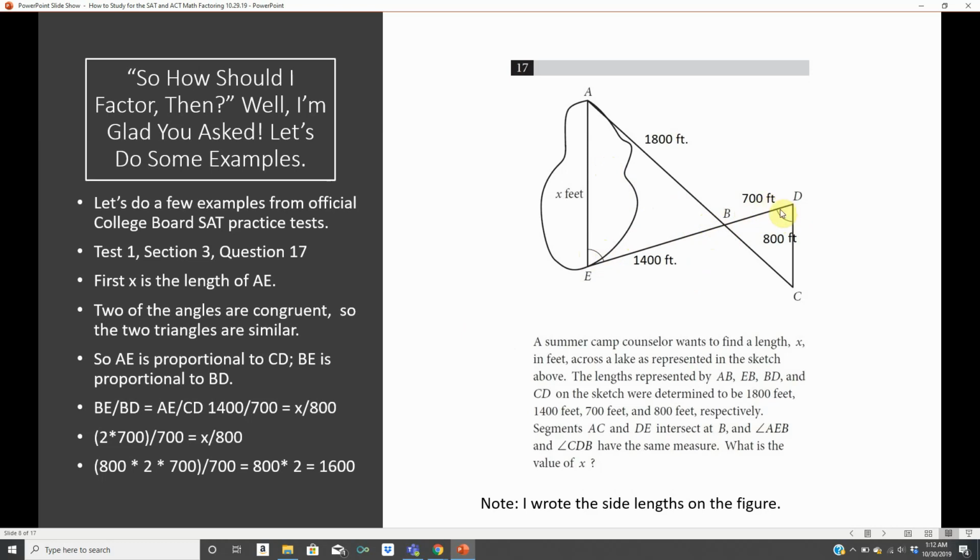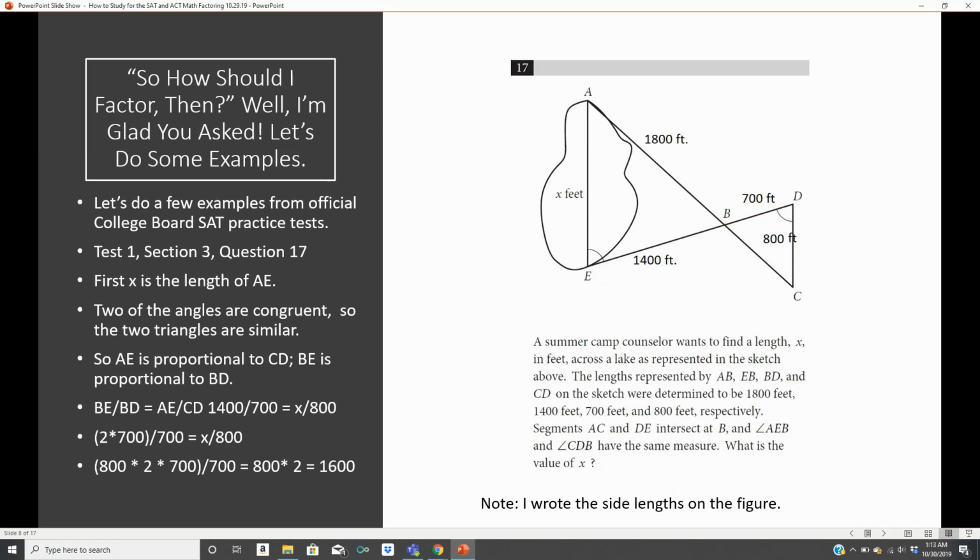Why? Well, because we can see here's the angle. This side is obviously proportional to this side. So since this angle here is formed with BE, then BD must be proportionate to BE because it's the angle between the base and this side. Both are on the side of the marked angle, so we know that they have to be proportionate to each other.